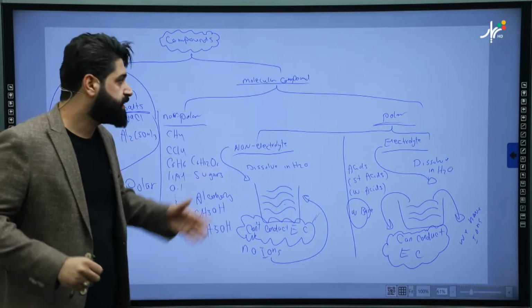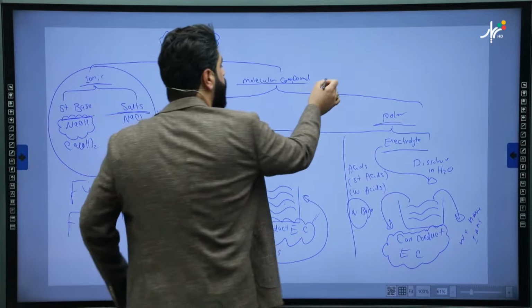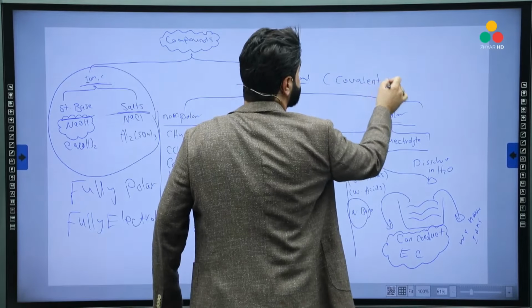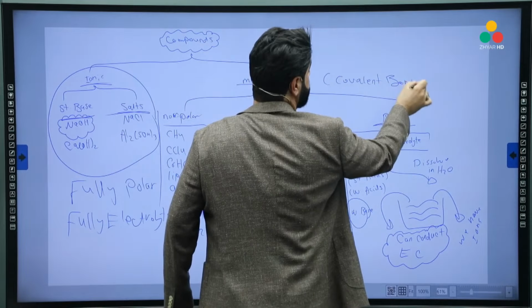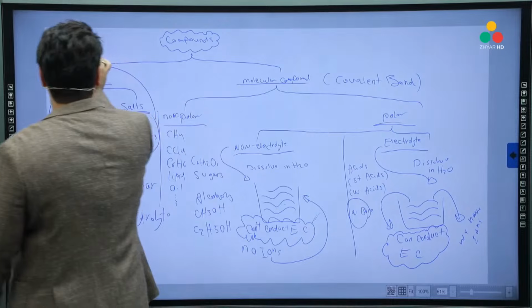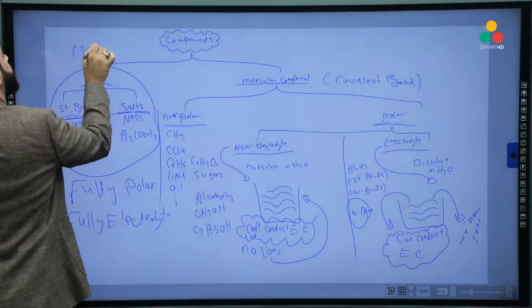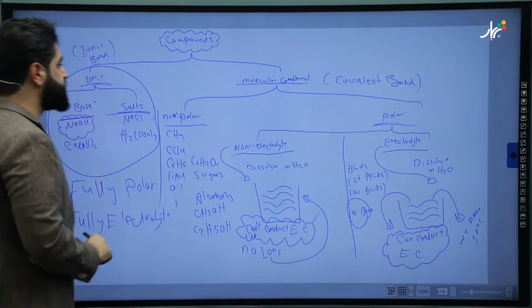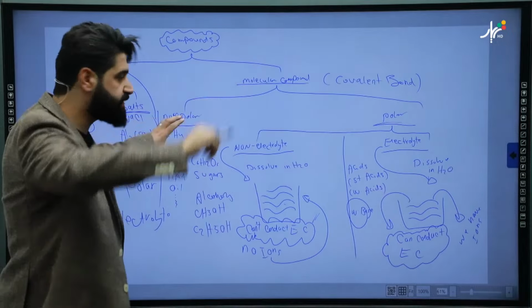Here we have a covalent bond, but there we have an ionic bond. That's why we separate them from each other.